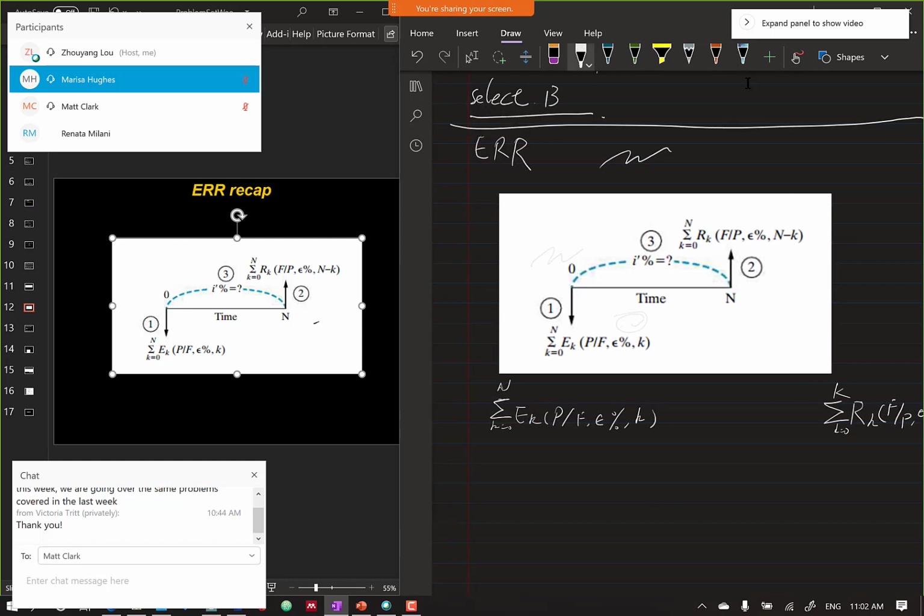So we want to first convert this guy to the future, given the present worth, and find the future value, and we want to find this external rate of return, so these two parts will be equal.